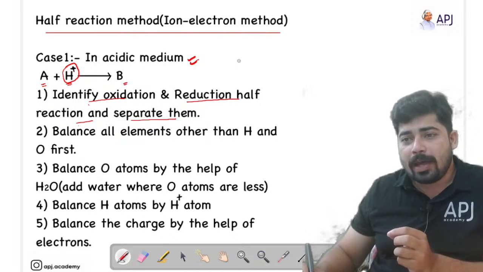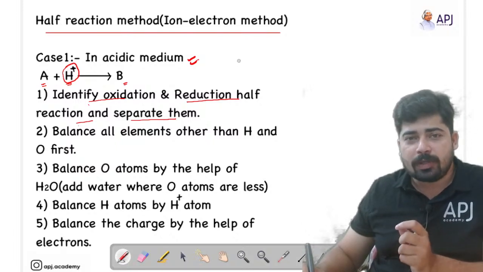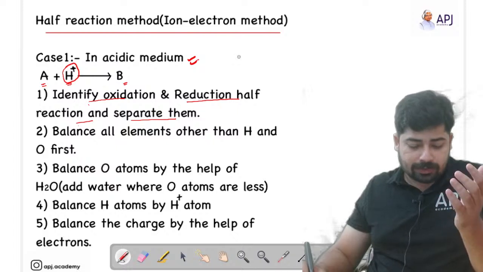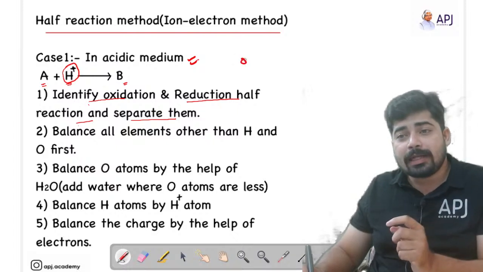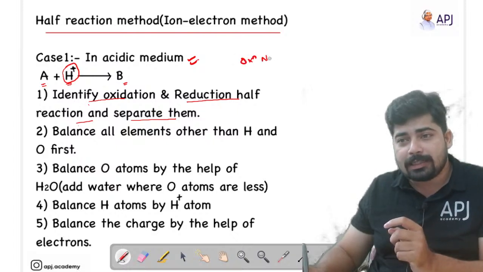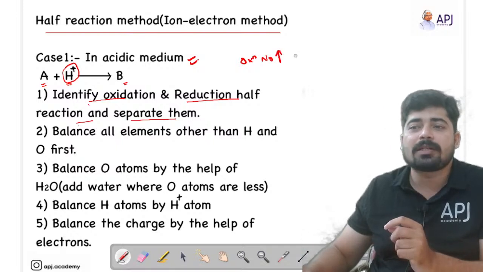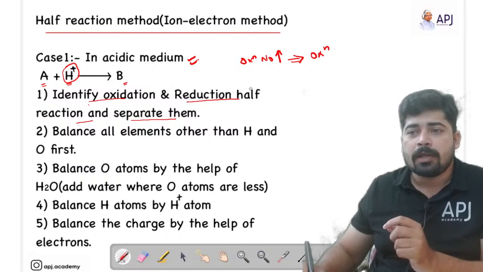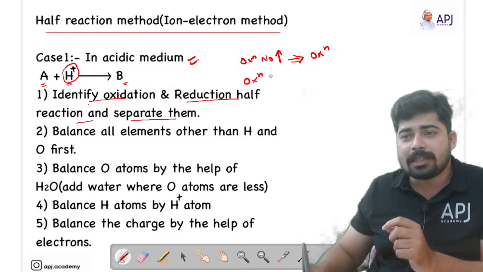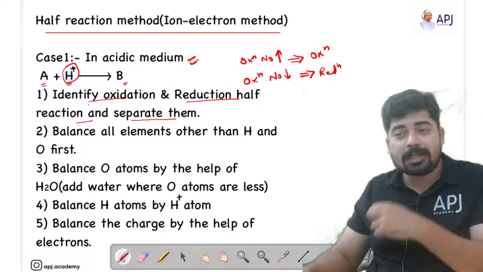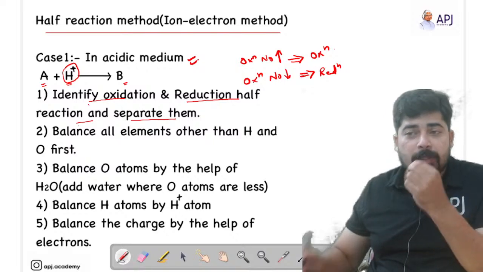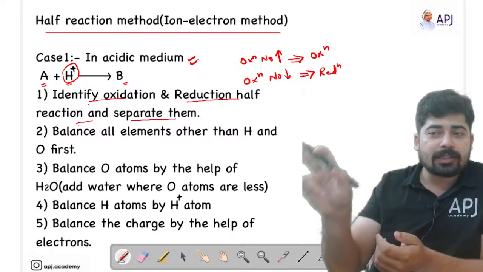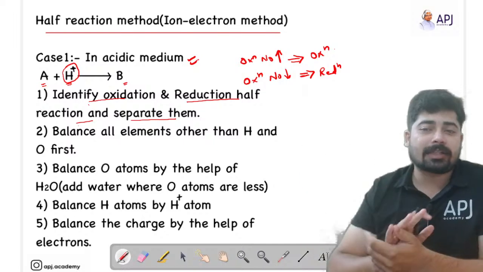In the last class we discussed that where the oxidation number is increasing, we say that oxidation takes place. Where the oxidation number is decreasing, we call it reduction. So based on assigning the oxidation numbers to the elements, you can identify where the oxidation is taking place and where the reduction is taking place.